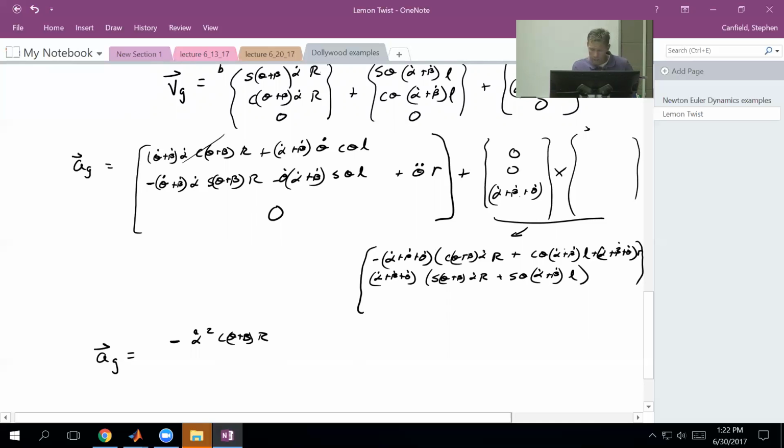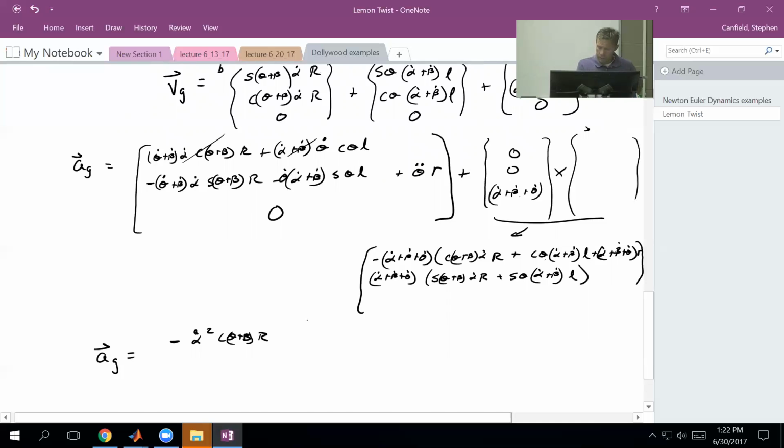Hold on a second, let me double check that we didn't lose a theta dot term. Oh yeah, we did. So we got this thing times this, so I'm going to get a negative theta dot cosine theta alpha dot plus beta dot theta dot.